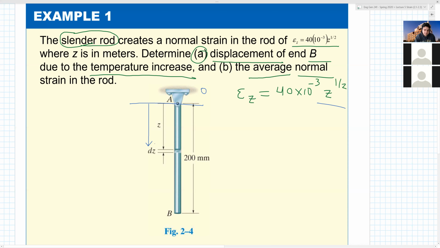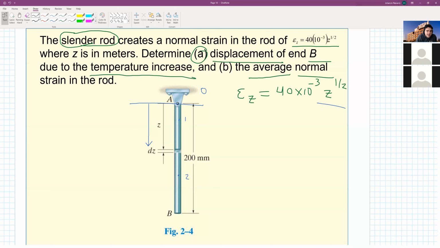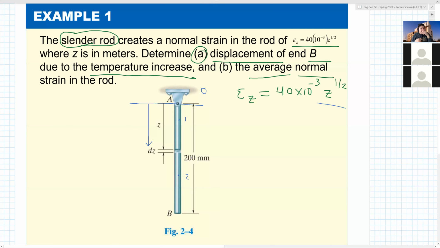What if I ask you, let's say I look at point 1, and then you have point 2. And you increase the heat, and you notice that, look, point 1 is somewhere over here, 1 prime, right? And then look at point 2. Maybe point 2 is somewhere over here, right?